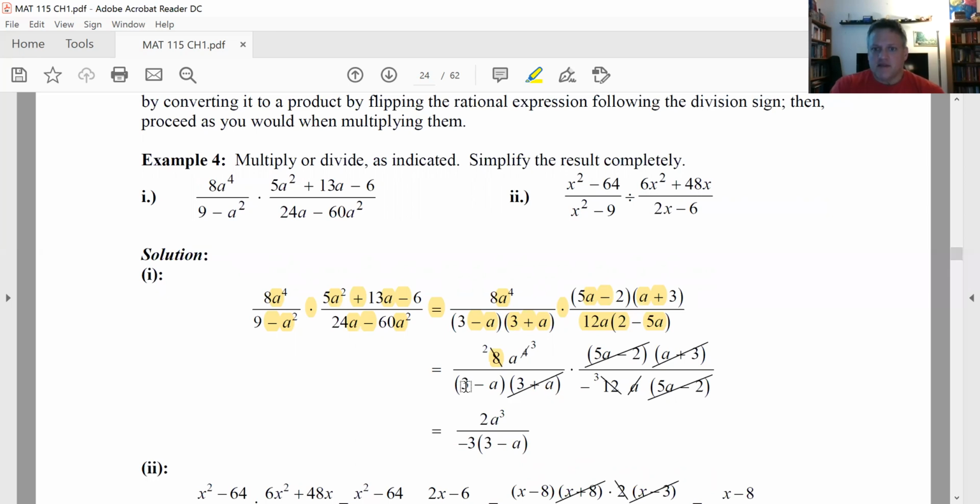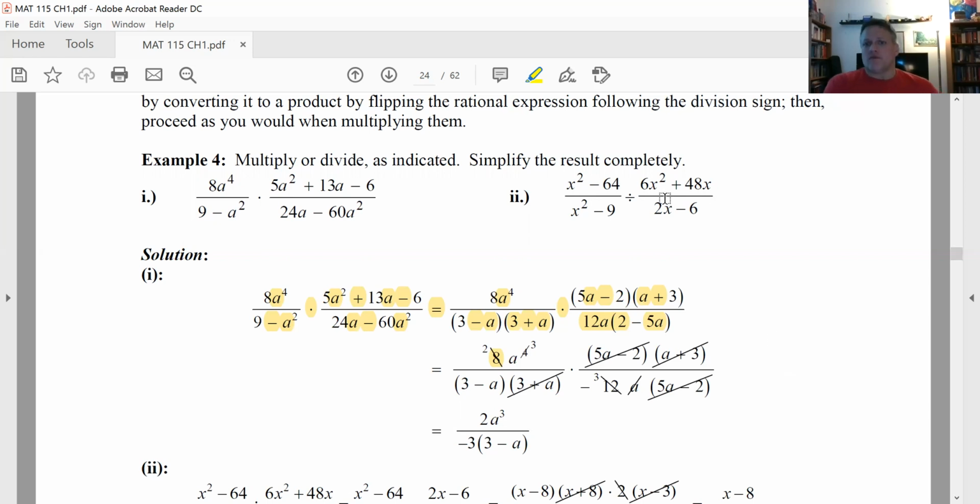The 3 minus a doesn't cancel with anything, so it just stays there. The 4 is common to both 8 and 12, so I can get rid of those. And then a single a is common up top, so I'll get rid of a single a. What then remains is a 2a cubed in the top and a minus 3 times a 3 minus a. This is your product in the end.